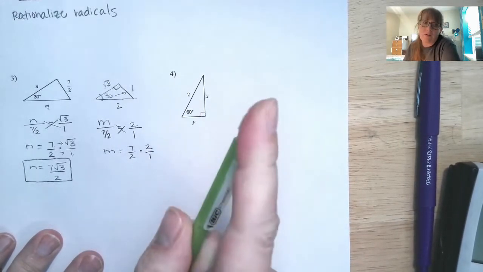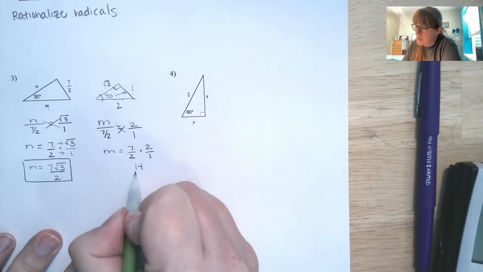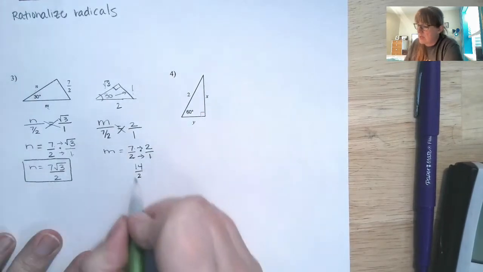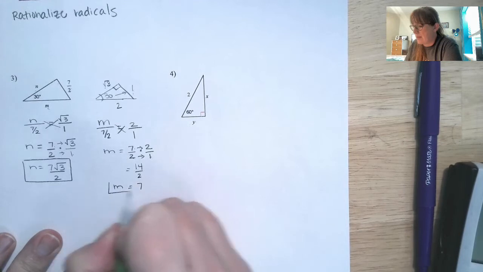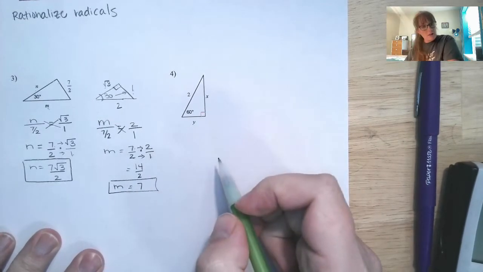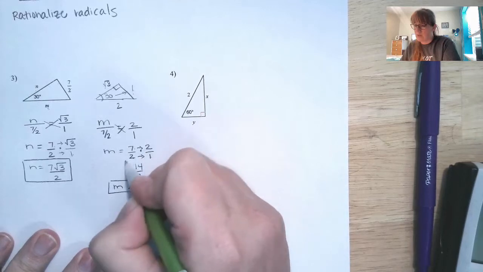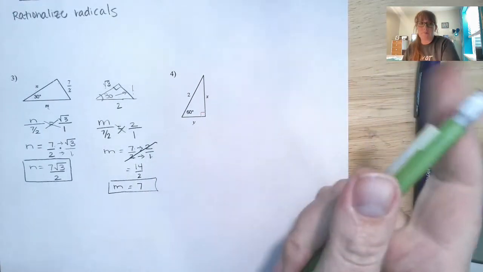Anything can have a denominator of 1. 7 times 2 is 14. 2 times 1 is 2. Straight across. 14 divided by 2 is 7. So there's your m. If you guys like to cross cancel, I always was not a big fan of cross canceling, but you have a 2 and a 2, so you could have canceled those out and seen it was just 7 over 1. Whatever you're comfortable with.